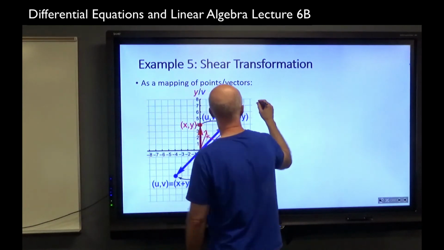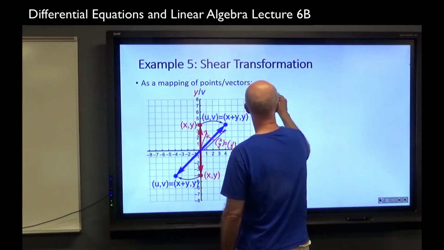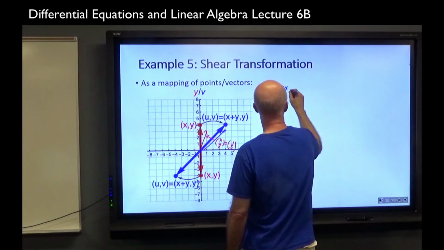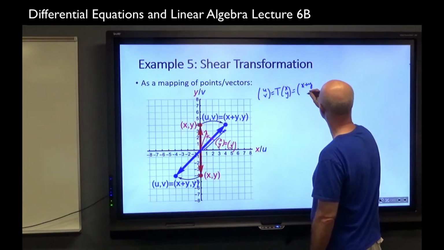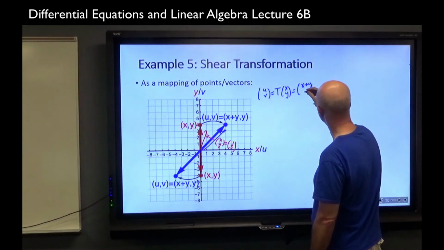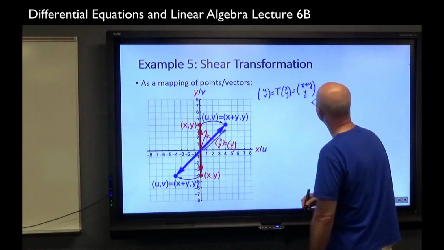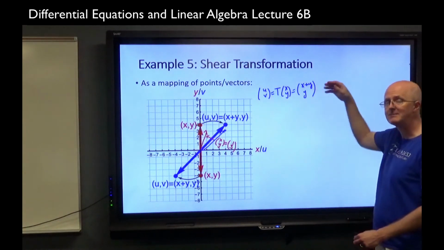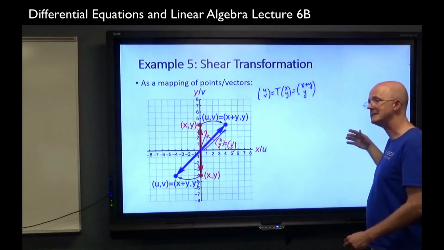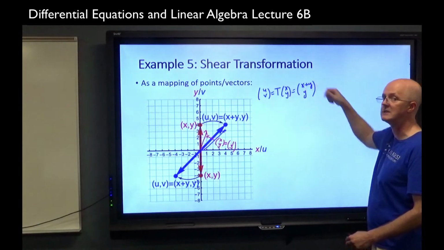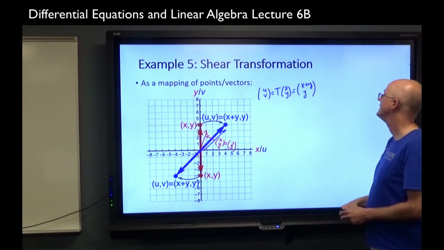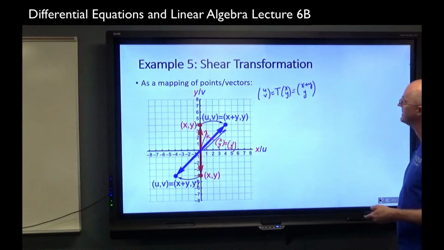The formula in this case, in terms of column vectors, you add the coordinates or components for the new first component, and you keep the second component as is. In terms of ax plus by and cx plus dy, a is 1, b is 1, c is 0, d is 1. You can verify operation preserving property for this one too.